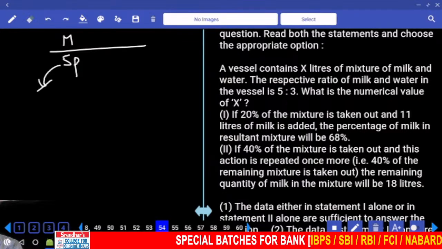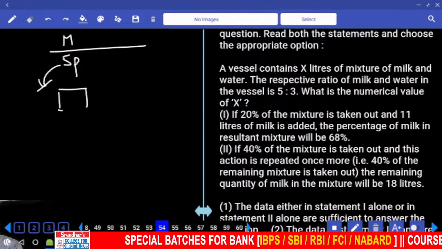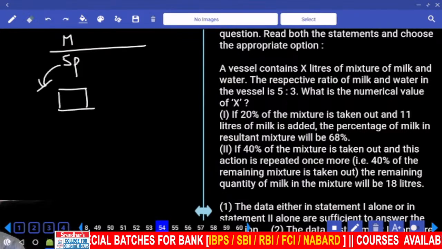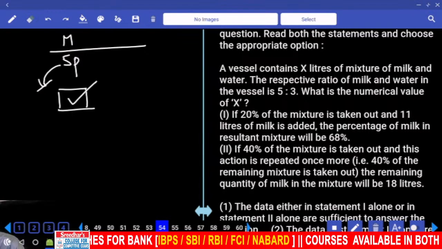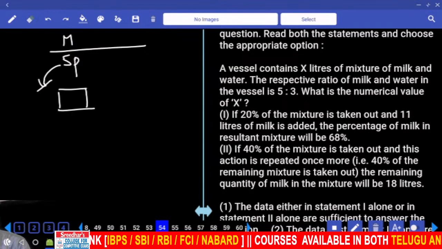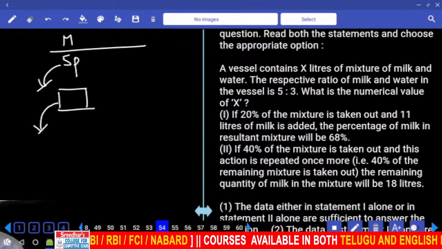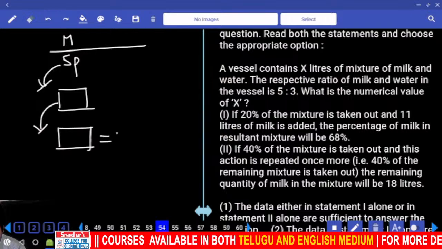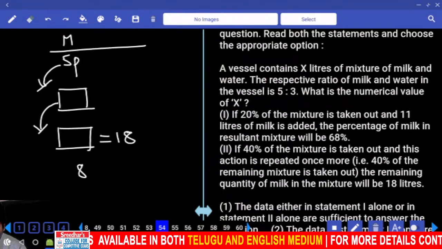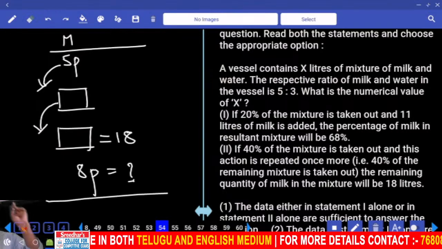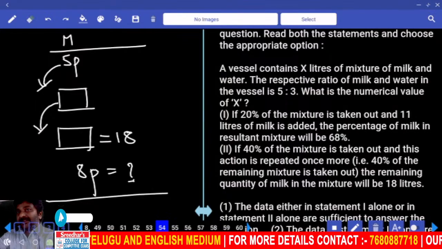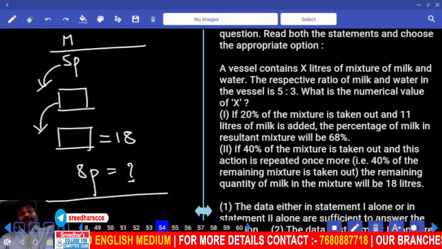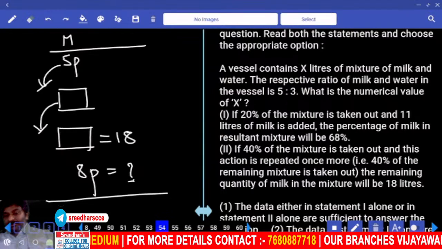First time, if you take 40%, how many parts are remaining here? Again, from this 40% is taken out. How many parts are left over here? This is equal to 18 liters. Total 8 parts is equal to how much? Will you get the answer or not? Yes. Answer: 1 alone or 2 alone.